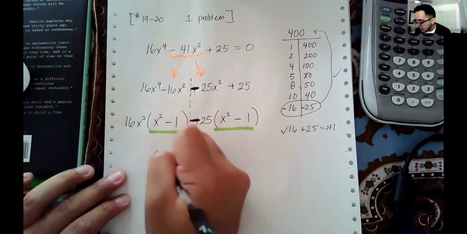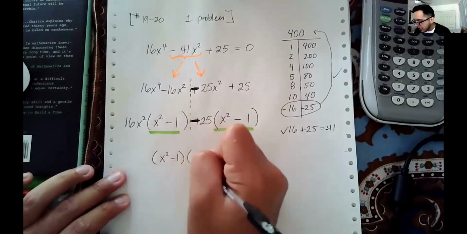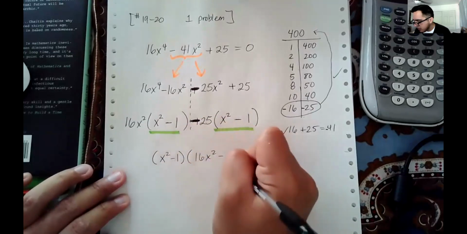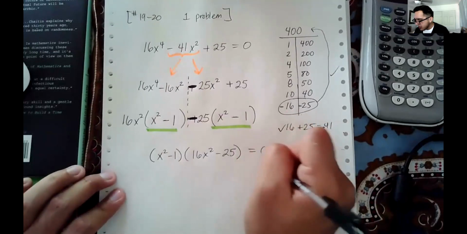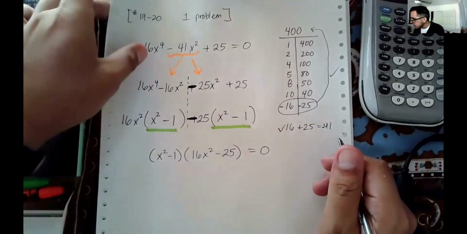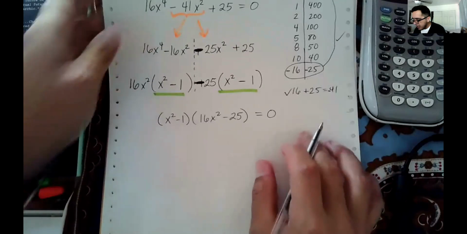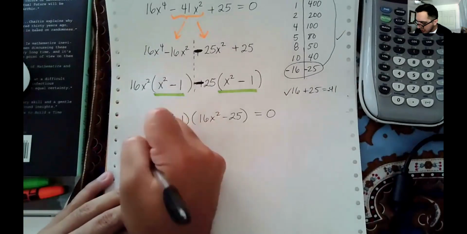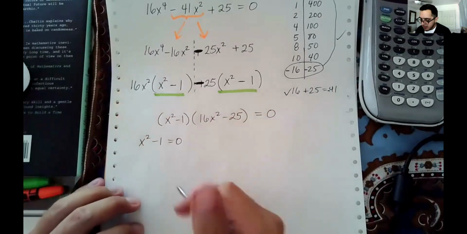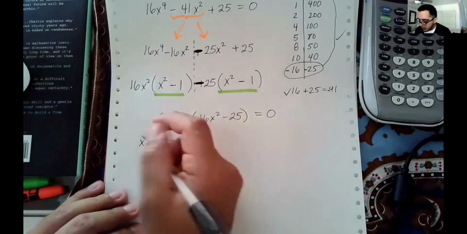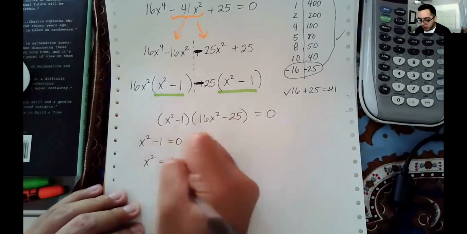Our factors here are x squared minus 1 and 16x squared minus 25. And those are both equal to 0. Now we can set these equal to 0. So x squared minus 1 is equal to 0, and solve that one completely. If I move the 1 over to the other side, I get x squared is equal to 1.